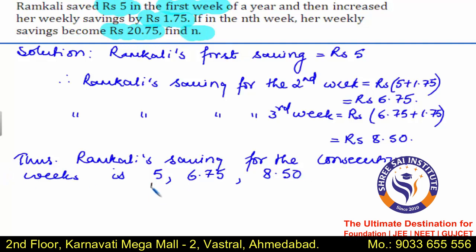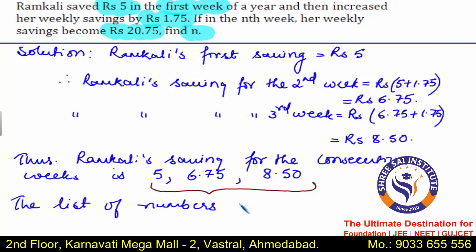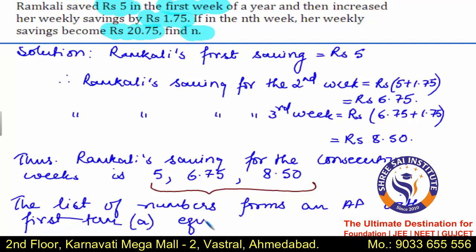Now clearly this forms an AP with the first term, denoting it by a, equal to 5.